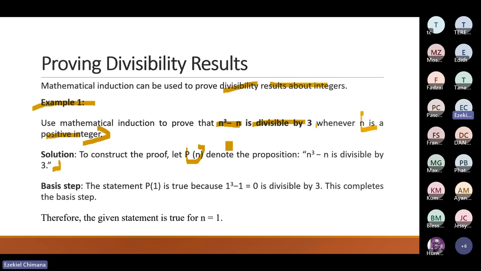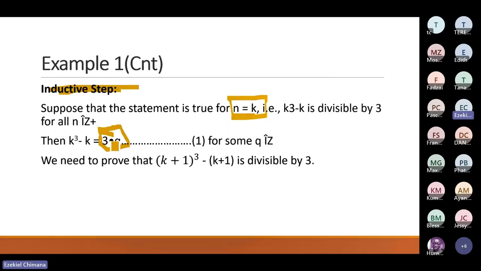That's the assumption. So this is how you write it: k cubed minus k is equal to 3 times q, and you call it equation number 1.